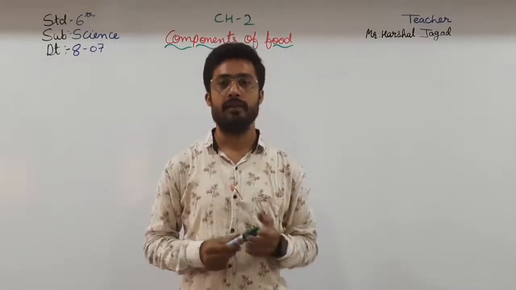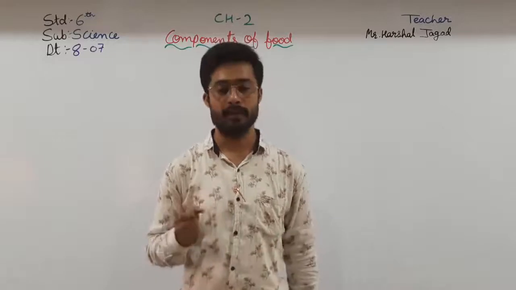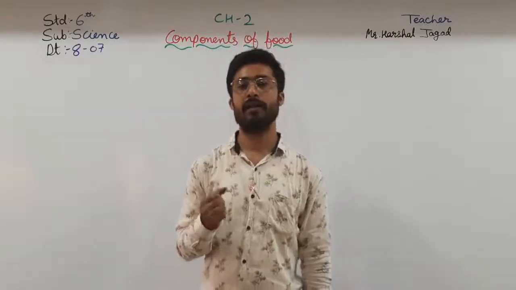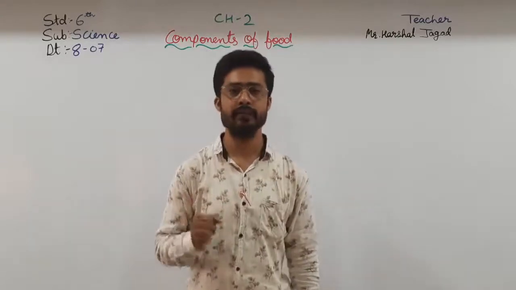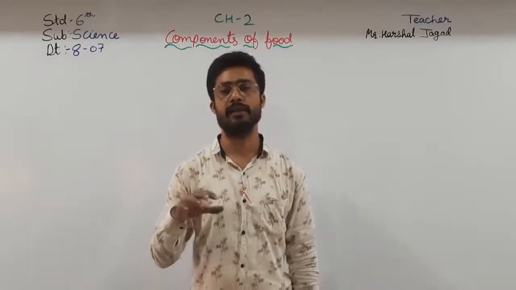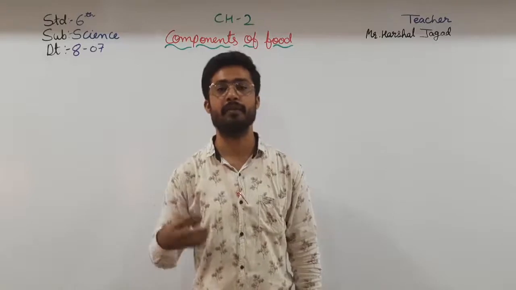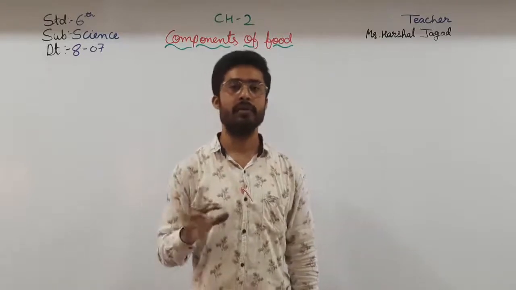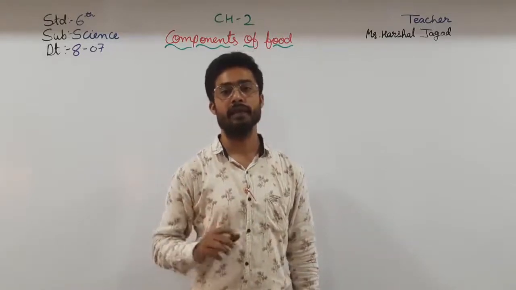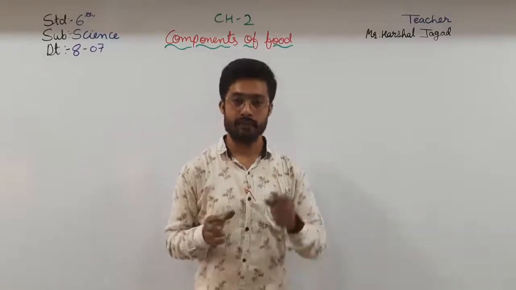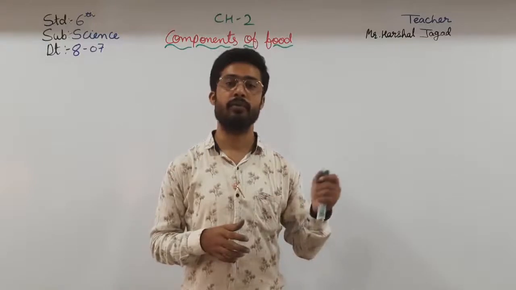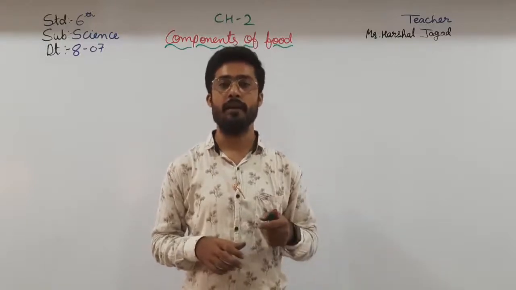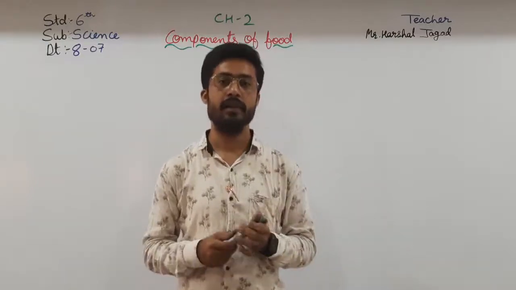There are 2 types of fats. How are fats used? Fats maintain our body temperature and keep our body warm, and we also get energy from fats, and more energy compared to carbohydrates.